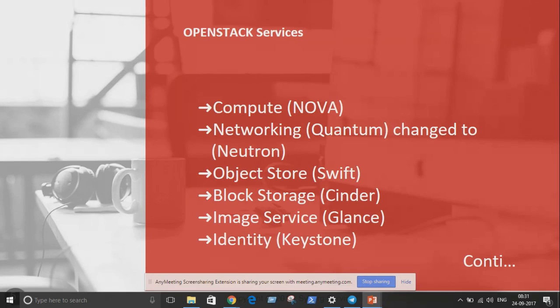So Nova, Quantum changed to Neutron, Swift, Cinder, Glance, Keystone. These are the terms for OpenStack. We have to memorize them. It takes time, but if you use it daily, you will memorize it.